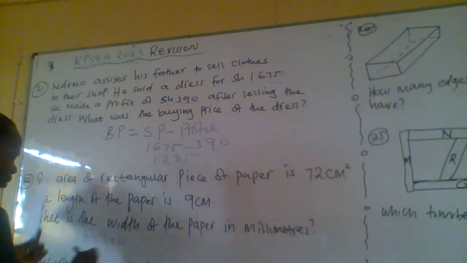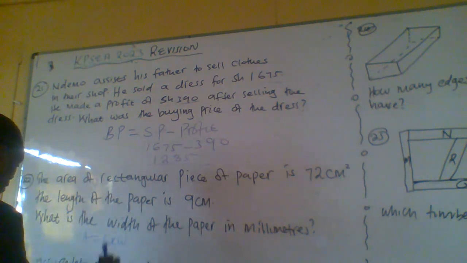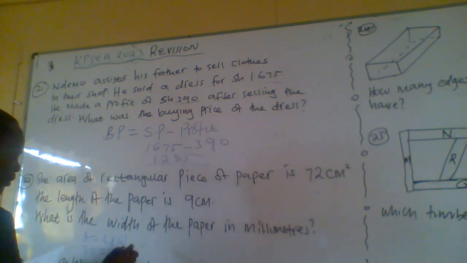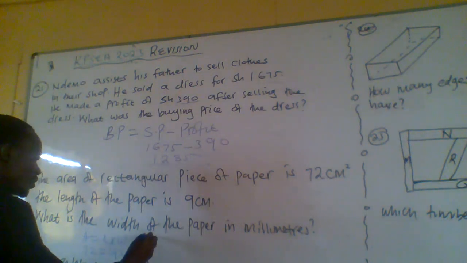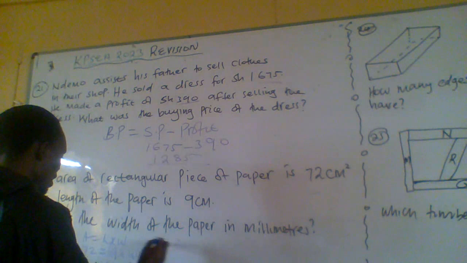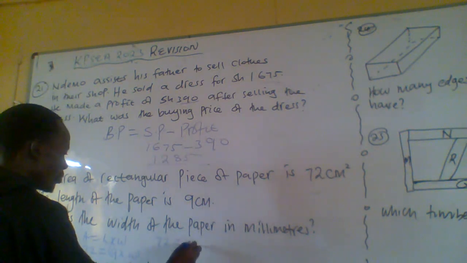Area, which is 72, is equal to 9 multiplied by what is not given, so we use W in place of width. Therefore, we form an equation: 72 = 9W.